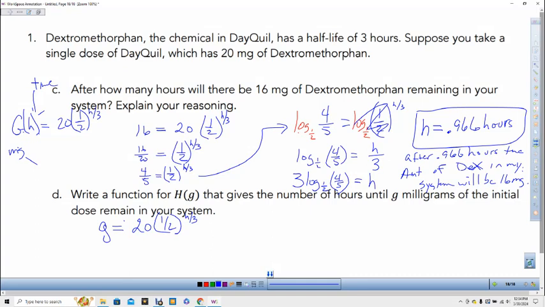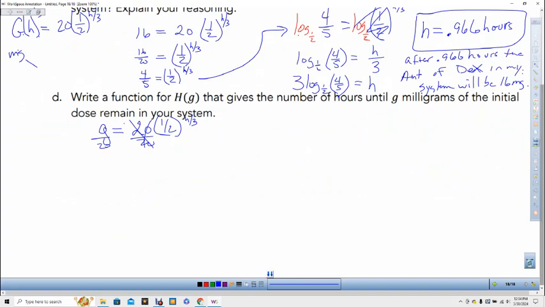First things first, we're going to divide by 20. Those will cancel out. So we end up with g over 20 is equal to 1/2 to the h over 3. Now what do we need to do? Well, same thing we did up here. We're going to take the log base 1/2.